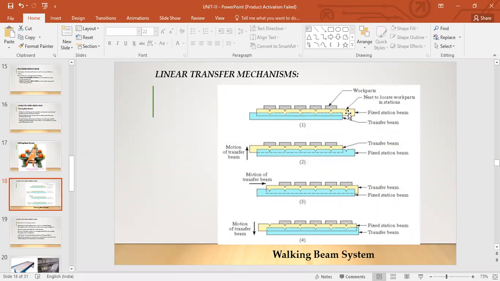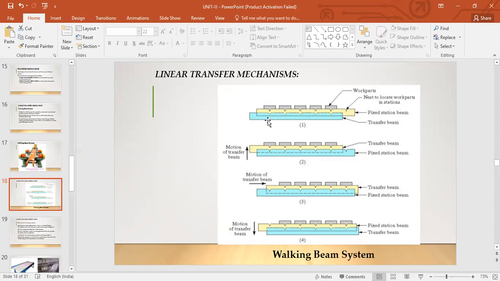You have what are called nests here, basically grooves, which will be used to lift the work parts and place them again. The grooves are both in the transfer beam and the fixed station beam, and also in the work parts, so that the transfer beam can lift the work parts and move them forward.